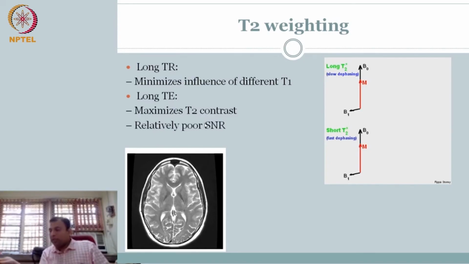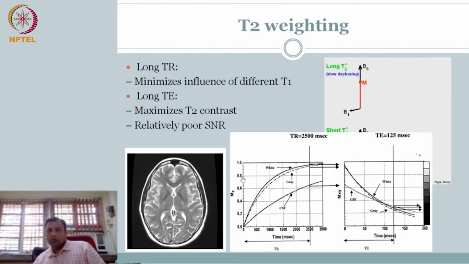So you wait so that the dephasing happens. But the problem, as you will notice, is the signal is going weaker and weaker, and I am measuring it as it drops down. That means I am going to have a relatively poor signal to noise ratio. But this is how you get T2 weighting. So the same thing: wait for a long TR to minimize the effect of T1, then push it to the floor.